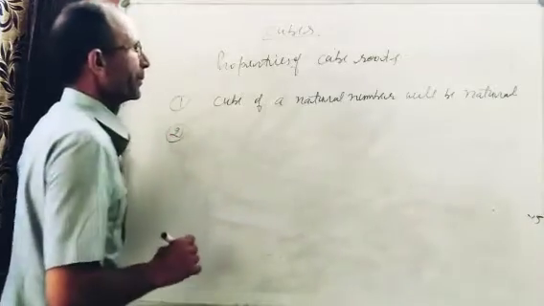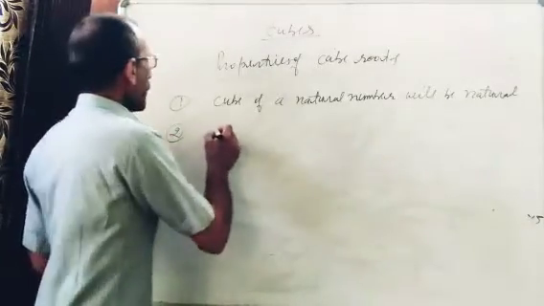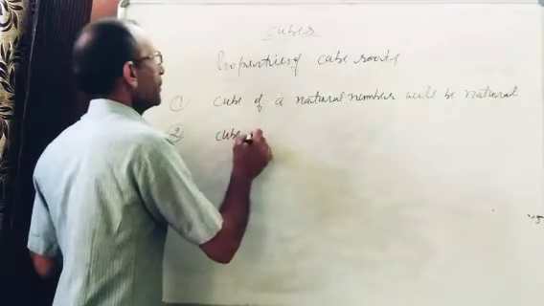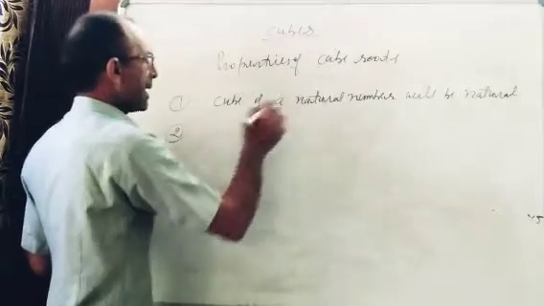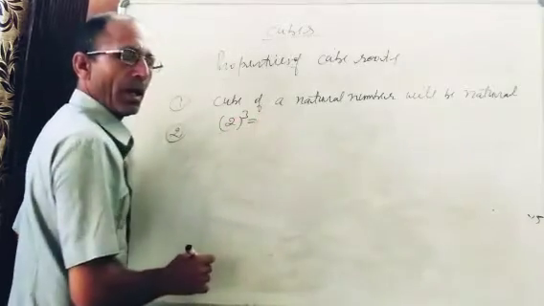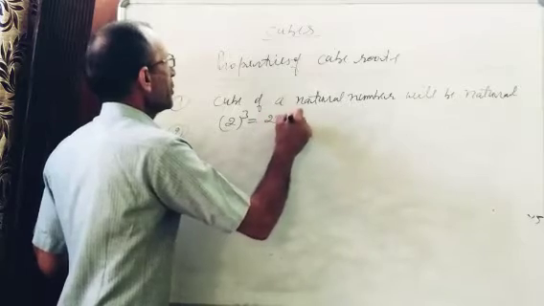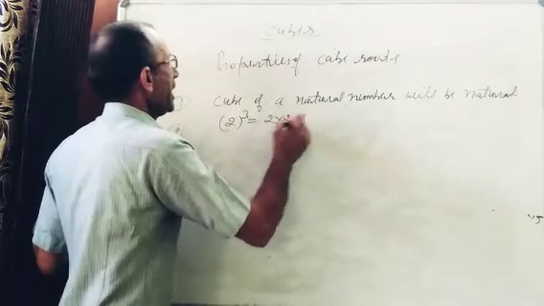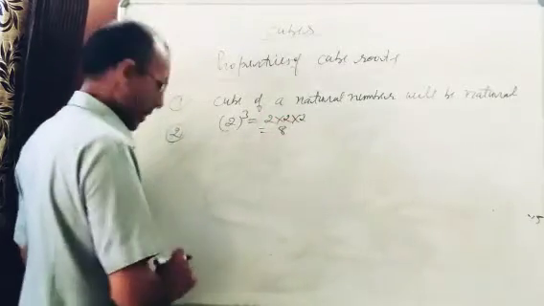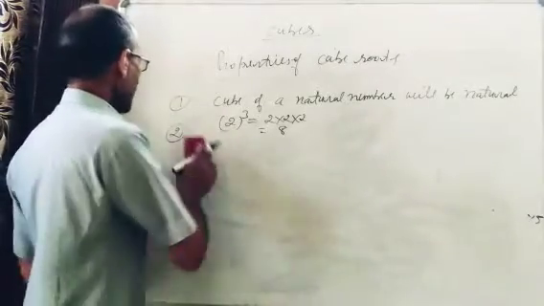Second, you can take any example: 2 is a natural number and the cube of 2 also will be natural. It means 2 times 2 times 2, so this will be equal to 8. So the cube of a natural number is natural.